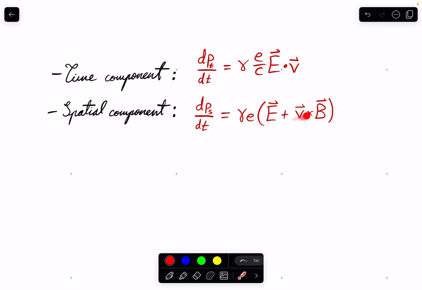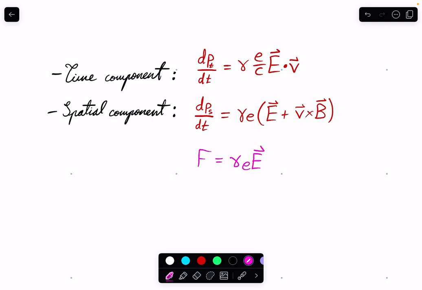And so at a moment in time, this will give the Lorentz force on a particle with a charge q, because it's known that the electric force on a particle is q, the charge, times the electric field, and then this gamma just accounts for time or length contraction, or so relativistic effects.